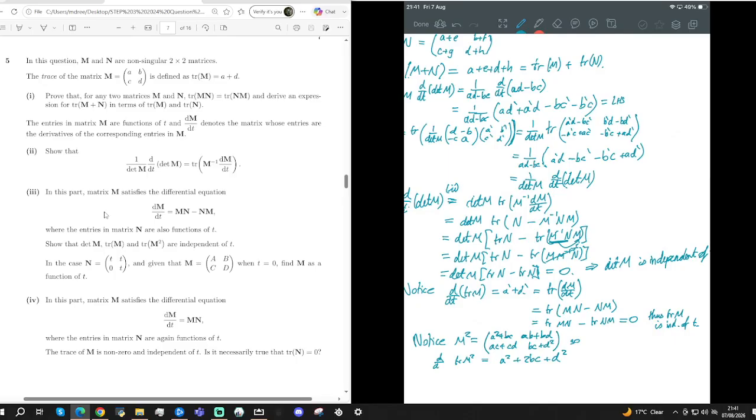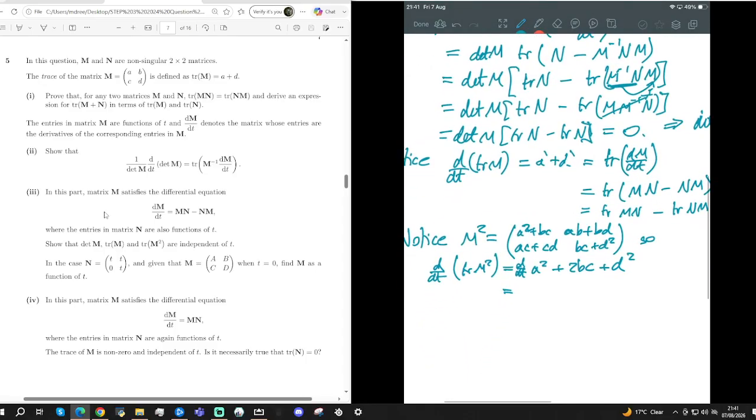So let's do d by dt of this thing. The issue now is we have both kind of product rule and kind of implicit differentiation going on. So this one's going to be 2a dash plus 2bc dash plus 2b dash c plus 2d dash.